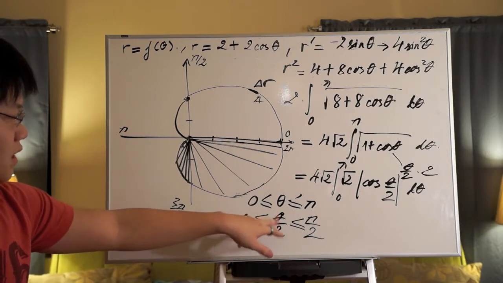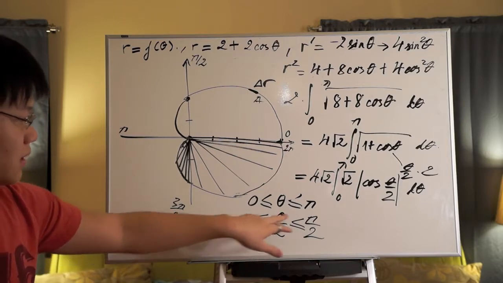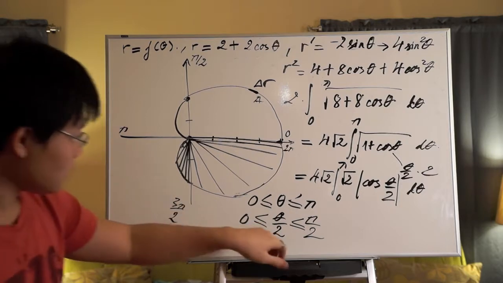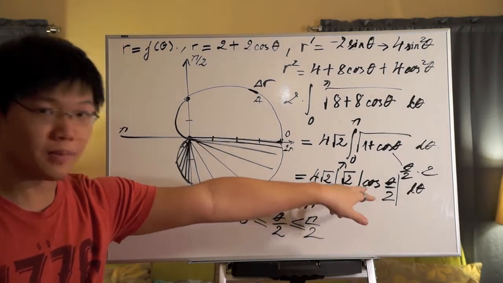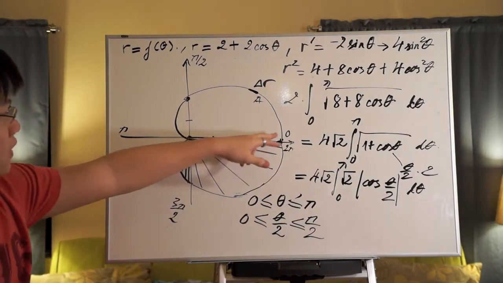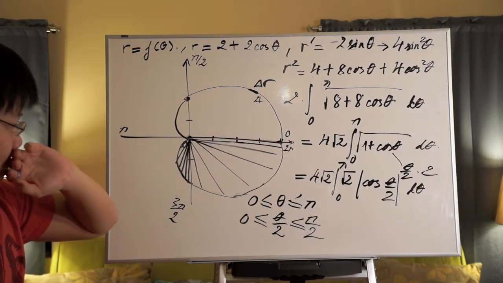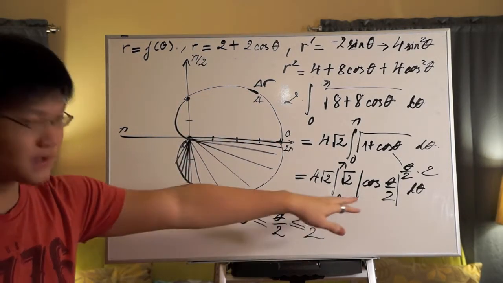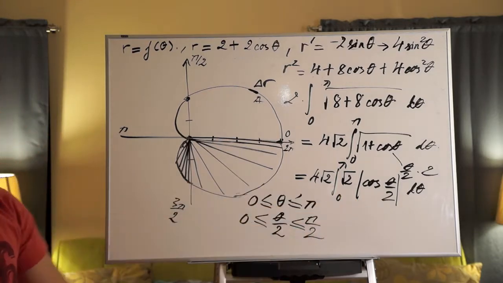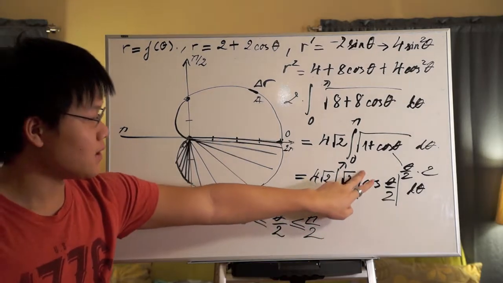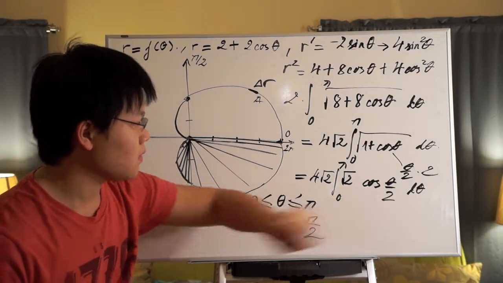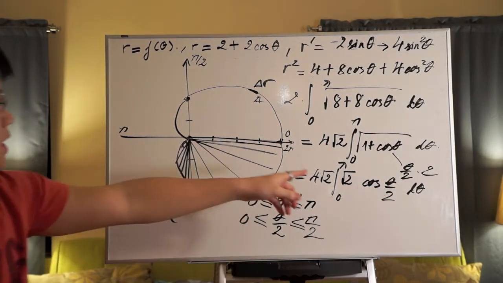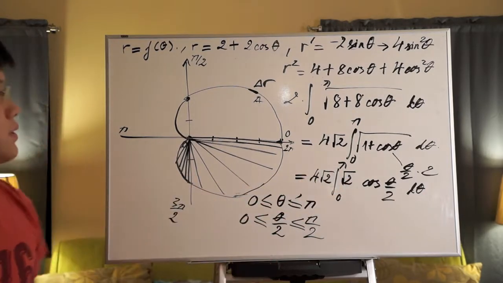So theta over 2 will be greater than 0 but less than pi over 2. Any value in this interval you plug in here, cosine will be positive, because from 0 to pi over 2 cosine is always positive. So we can get rid of this absolute value and have cosine theta over 2.